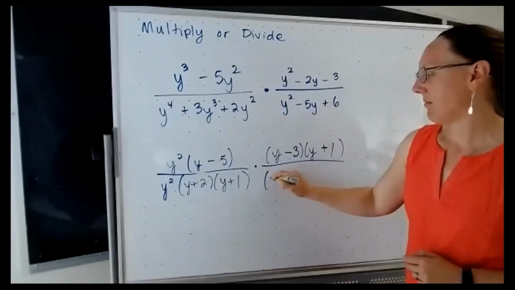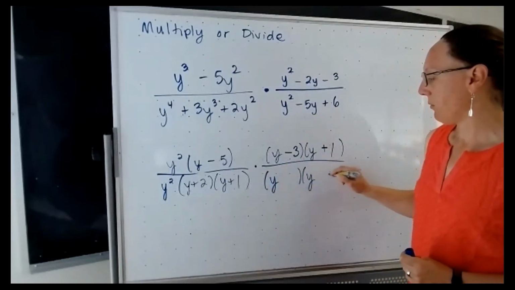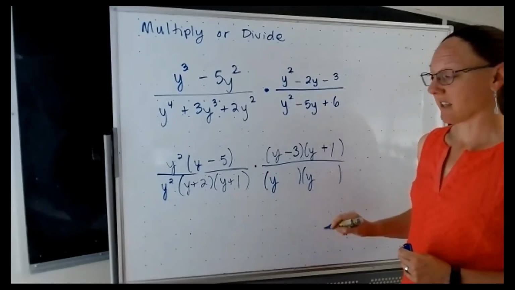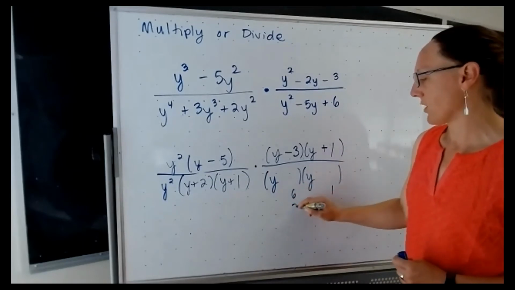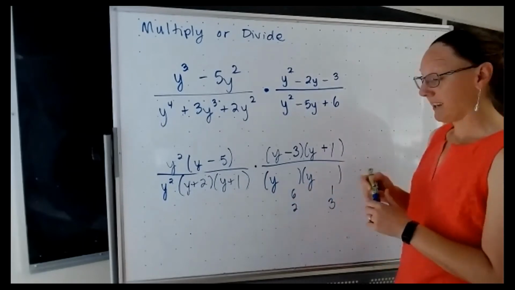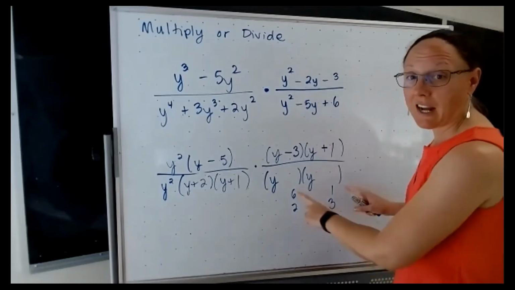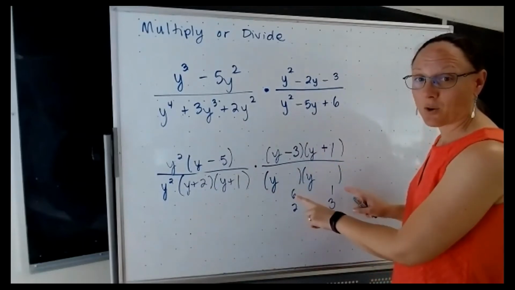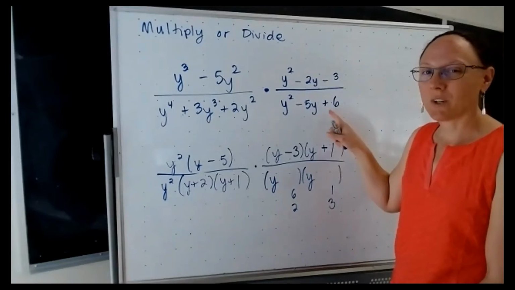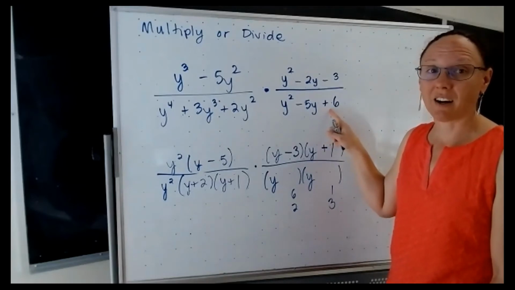In my denominator, I've got a couple of ways that we can multiply to get that 6. A 6 and 1 or a 2 and 3. Now it turns out I can make a 5 with a 6 and a 1 or a 2 and a 3. So it is important that I look at the sign here.